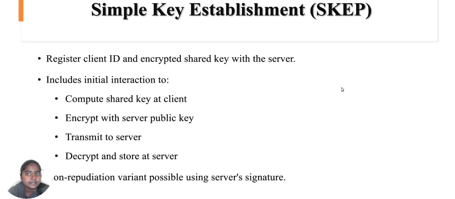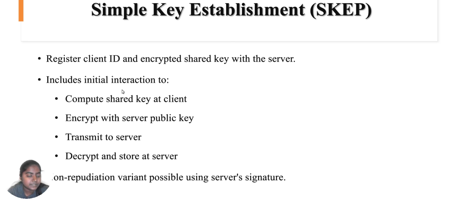So, this kind of new security framework depends on three protocols. One of the protocols is the simple key establishment protocol. As the name suggests, it is a simple key establishment which just requires the client ID and the shared key with the servers.